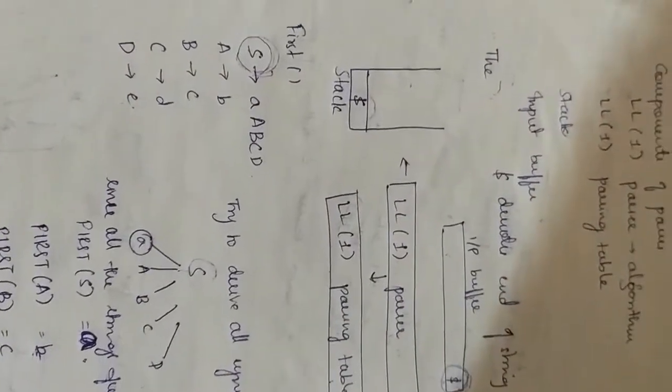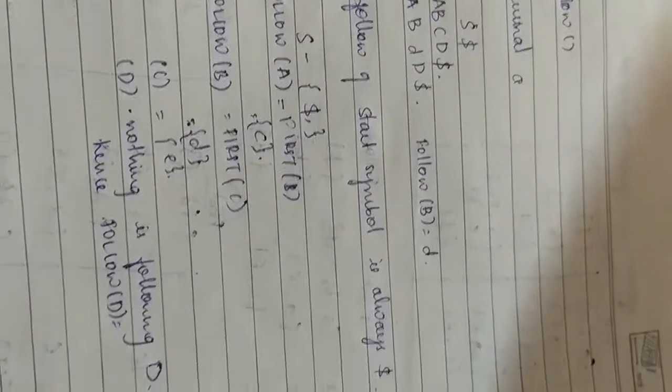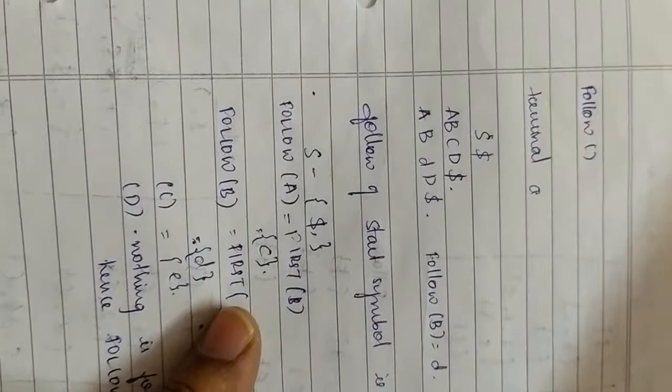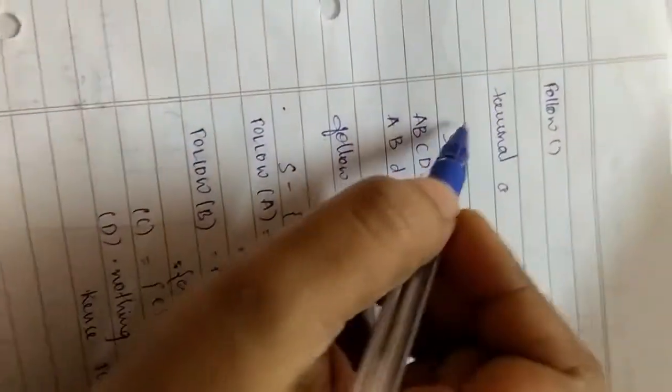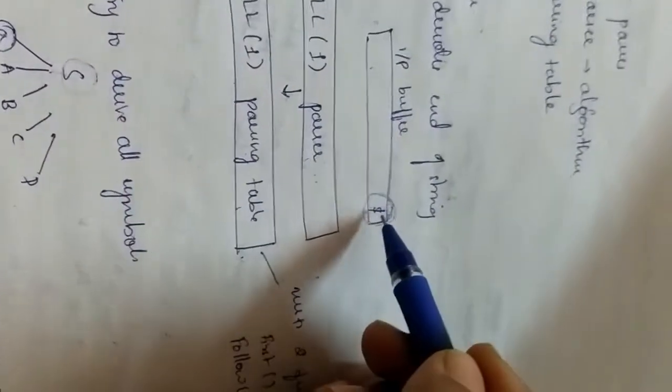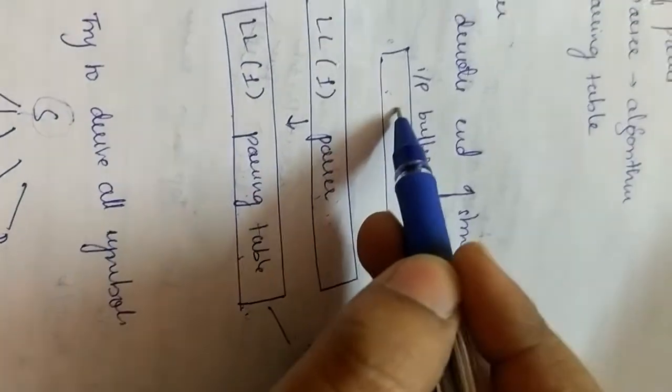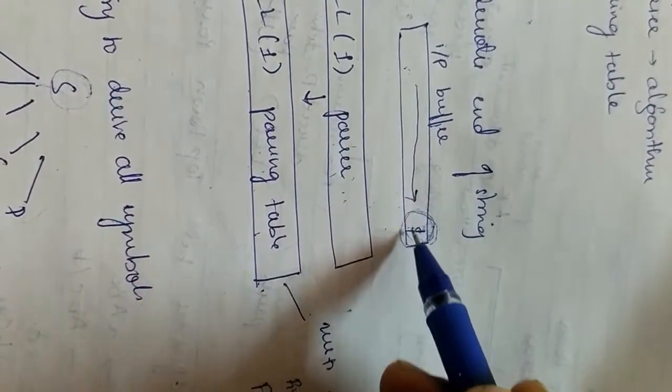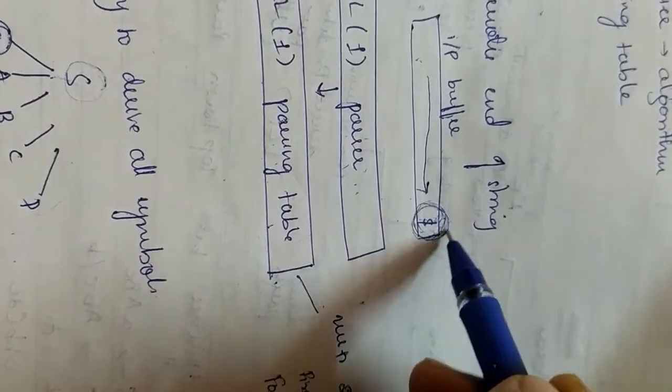Now that you have understood how to find the first of any non-terminal, let's see how to find the follow of any non-terminal. The follow of the start symbol will always be the dollar symbol. If you remember, I told you that the input buffer will always end with the dollar symbol. Any input that you give here will always end with dollar.